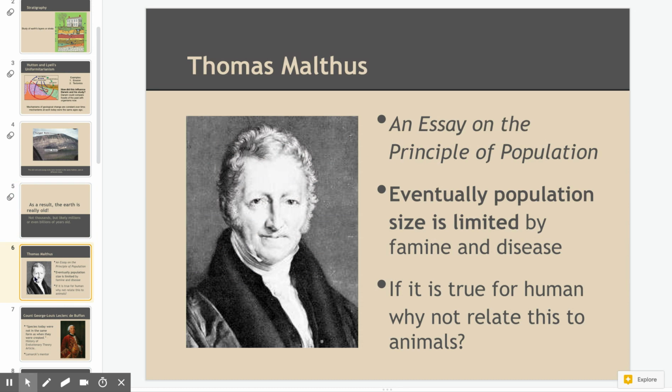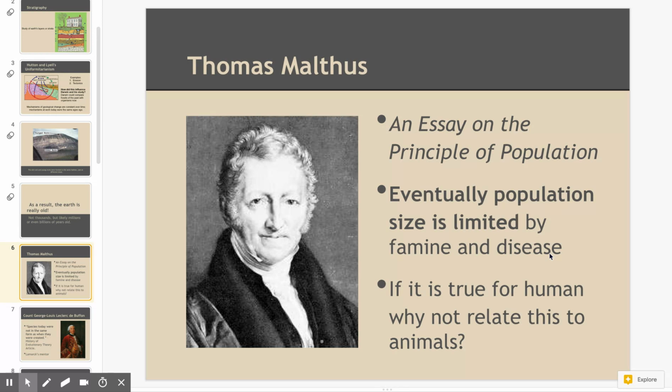So a couple of important scientists. The first one is Thomas Malthus, and he wrote this essay on the principle of population. He was looking at human populations during a time when the Industrial Revolution was happening in Europe, and people were living in spaces where they could not live comfortably. What he figured out is that population is eventually limited by famine and disease. Scientists took this idea and said, well, if this is true for humans, why wouldn't this be true for animals?